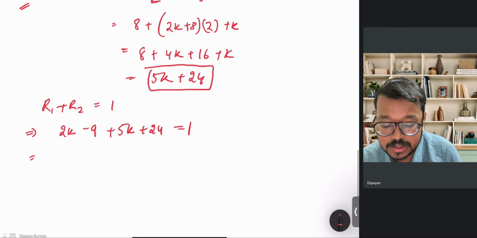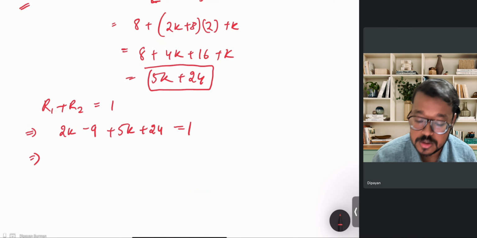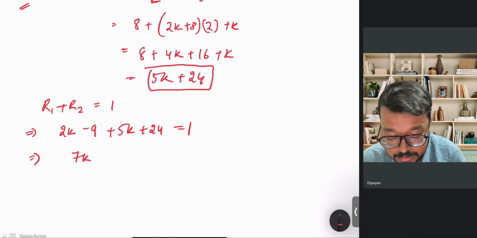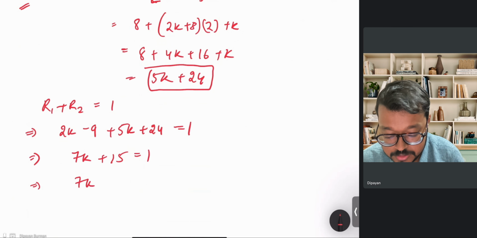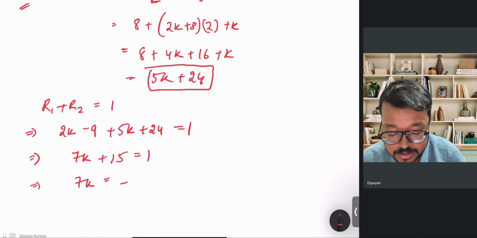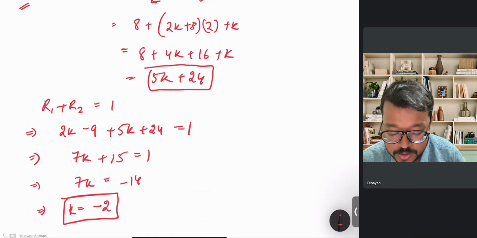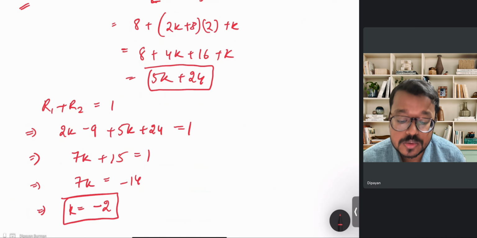Now this is a linear equation with variable k. We'll just solve it. So 7k plus 15 equals to 1. That means 7k equals to 1 minus 15, that is minus 14. So k equals to minus 14 by 7, that is minus 2. So we have found the value of k as minus 2.